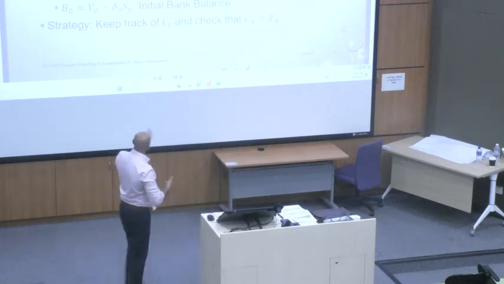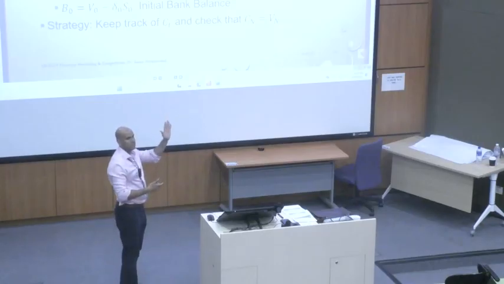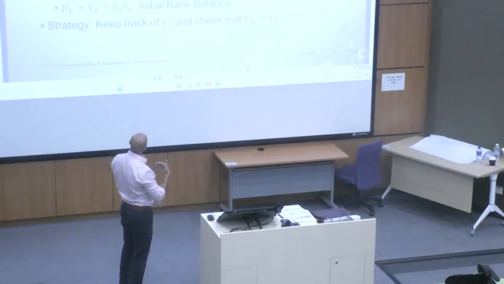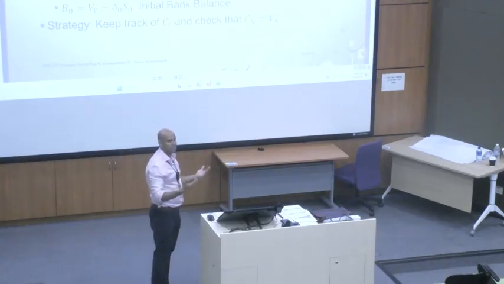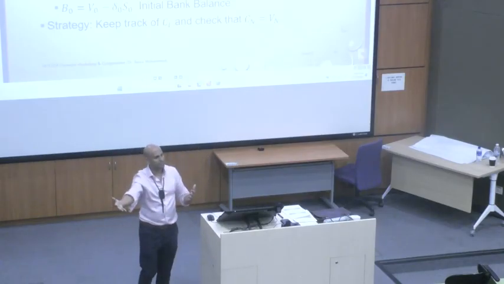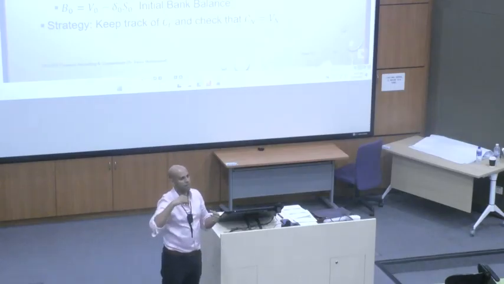The science tells us that we need to hold delta units of the stock. We've got some cash coming in. If the cash that comes in is enough to go out and buy that stock, all well and good. Go out, buy the stock, anything left over, put in the bank. If it's not enough, you borrow the difference from the bank.